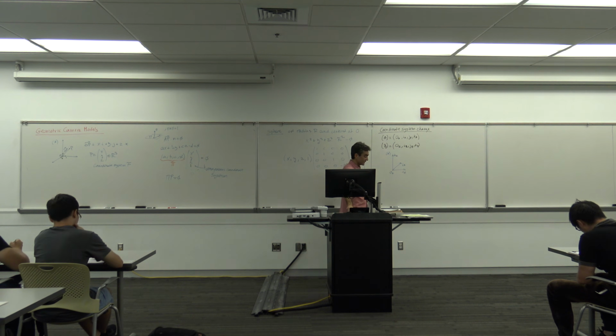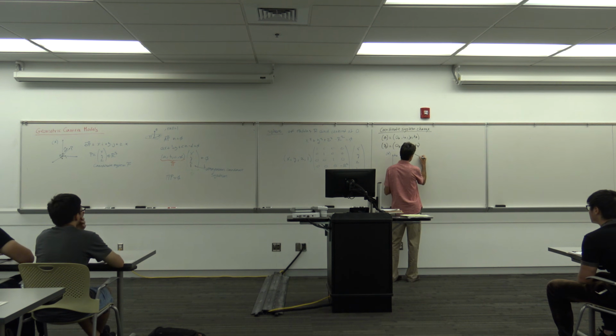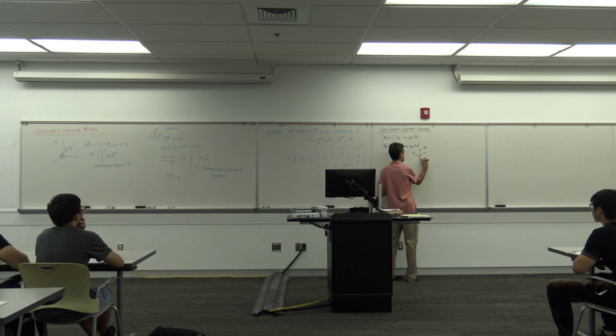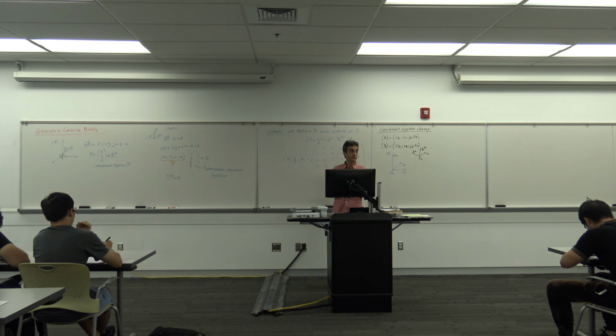And now, let's think about my other coordinate system. Let's call it B. This is my origin OB, IB, JB, KB. So far, so good?